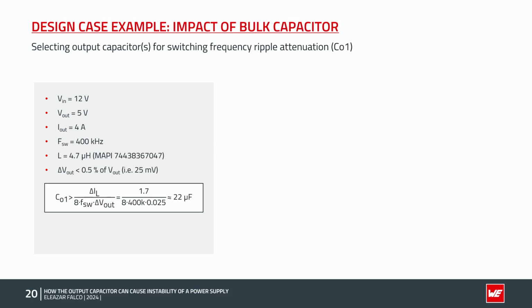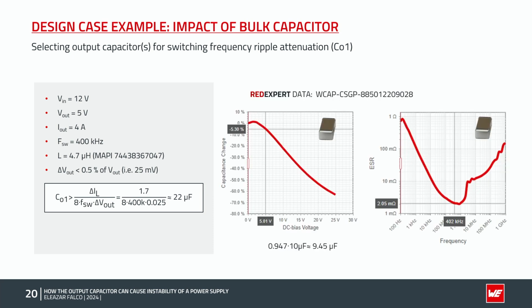The amount of output capacitance required for this is calculated in this expression as around 22 microfarad. Note that here we are neglecting the ESR contribution to the ripple, as we will be using MLCC capacitors. We can search and select a suitable part with RedExpert, and in this case, we will go with this 10 microfarad standard MLCC capacitor, which has an ESR of 2 milliohm at the switching frequency of 400 kHz and a very small DC bias drop at 5 volt.